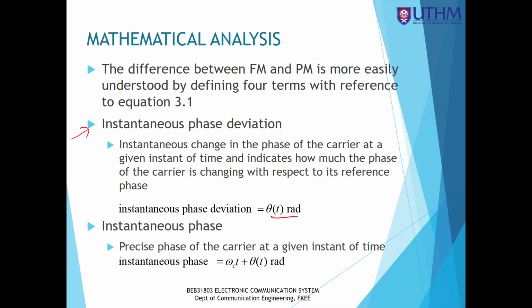Instantaneous phase deviation is the phase deviation at a certain period of time. Instantaneous phase is the exact phase of the carrier at that specific time. So we get omega ct plus theta t in radians.